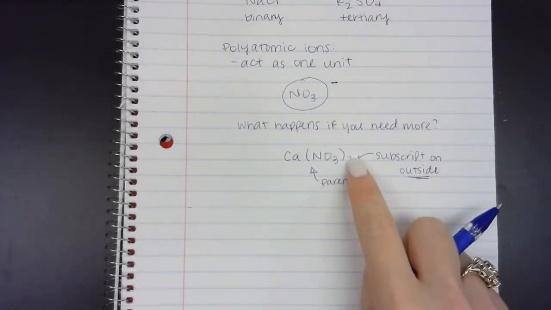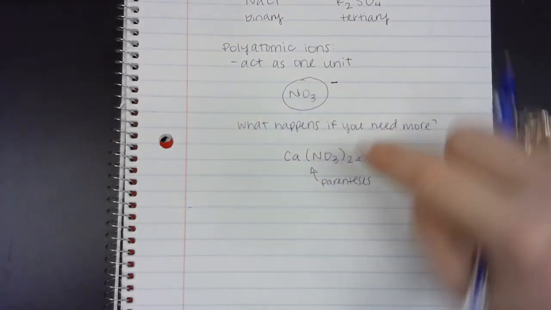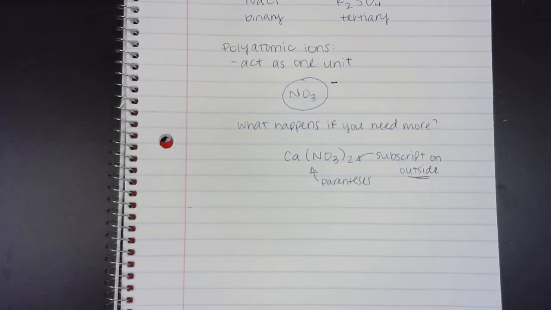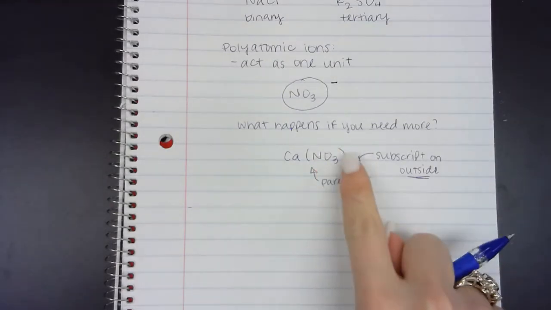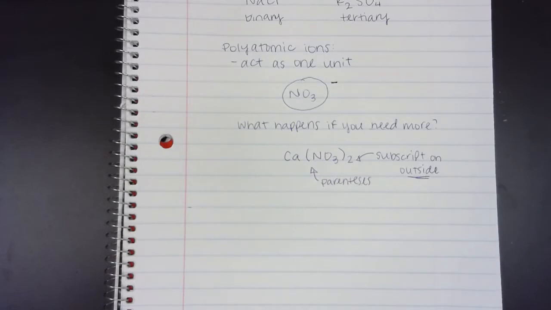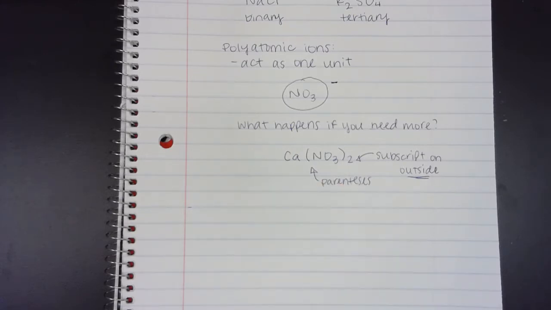Whatever the subscript is directly next to is what it is telling you. For example, in the nitrate, there are 3 oxygens, but this 2 right here, since we put the parentheses, applies to the whole nitrate ion. But this is how we write it, okay? We have to group the ion because it acts like one unit.